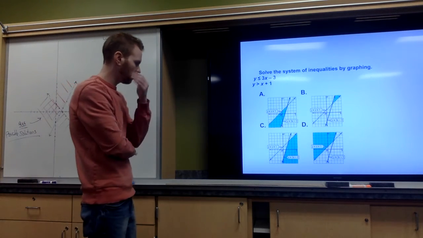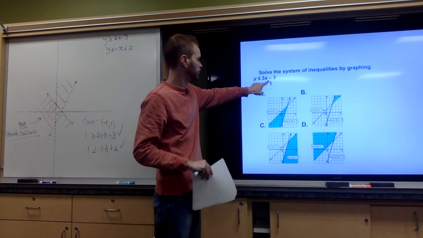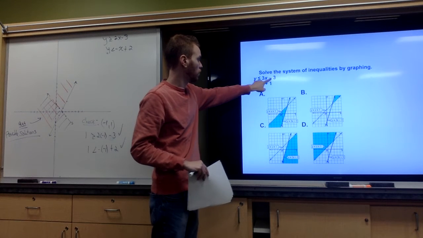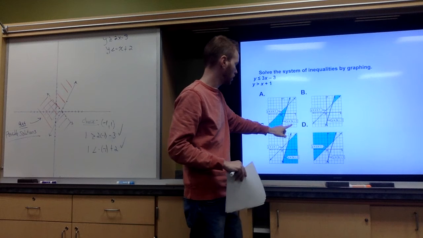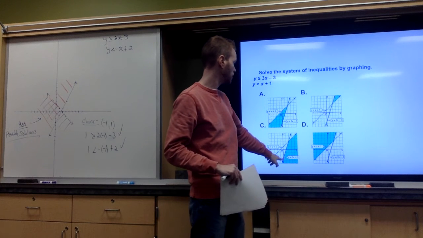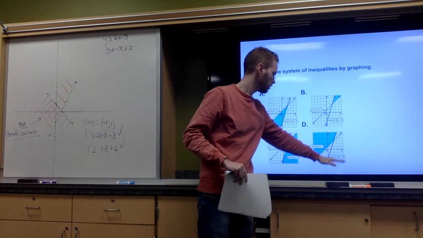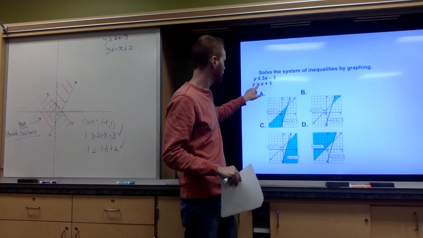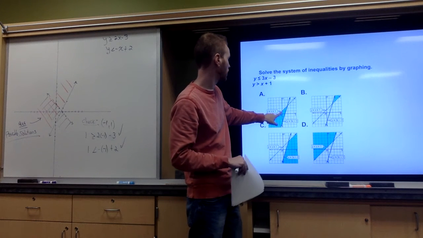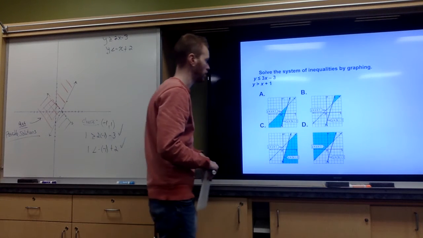So let's see here. This one says we're going to shade beneath the line, and the y-intercept at negative 3. So if I take a look at the lines that have the y-intercept at negative 3, and I want to shade beneath it, that's everywhere beneath here, here, here, and here. This one says we have a y-intercept of 1, it's dotted, which they all are dotted, and they're going to shade all above the line for everything here.